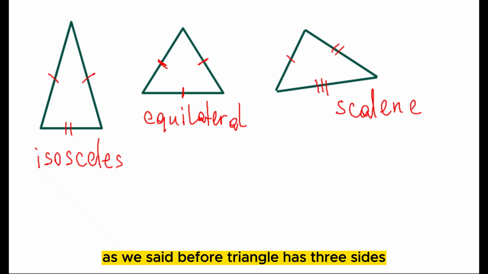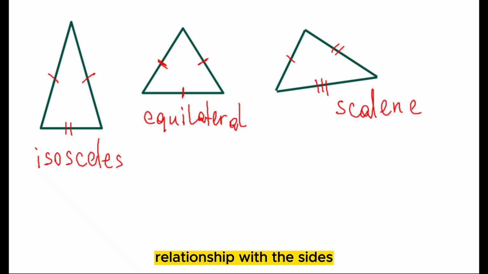As we said before, triangle has three sides, three vertices, and three angles. Angles are related to each other and they are in deep connection with the sides. In isosceles triangle, if two sides are same, it means two angles that join them and the base side are same also.